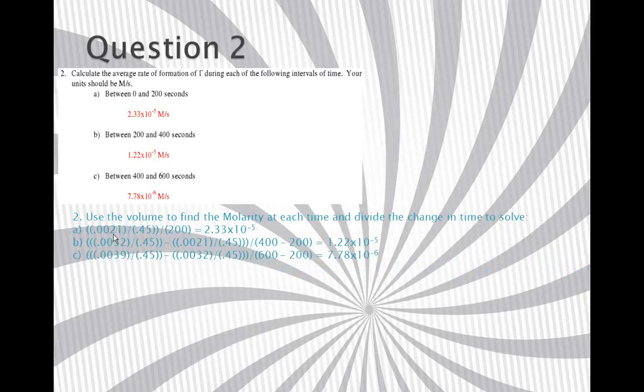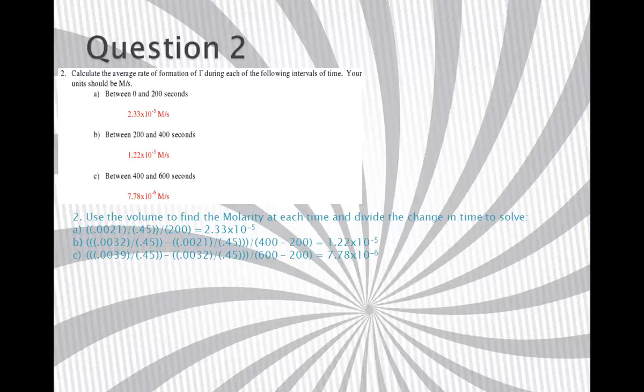So 0.0021 divided by 0.45 gives you the molarity, and that's the y in this situation, and then you divide by the interval, which is 200 minus 0. I just wrote it here as 200, and it ends up being 2.33 times 10 to the negative fifth molarity per second.